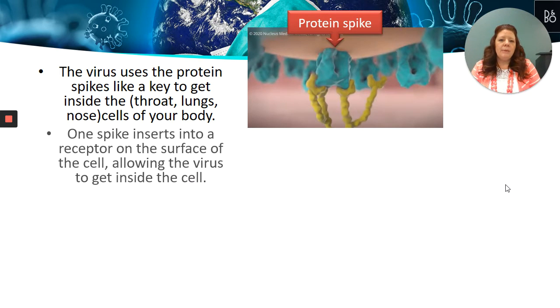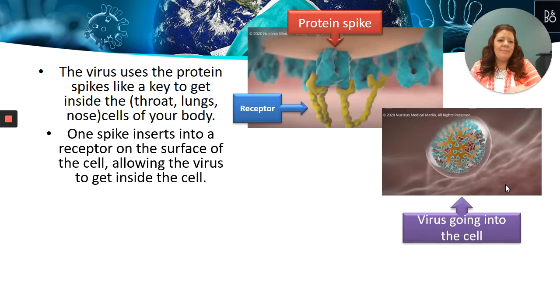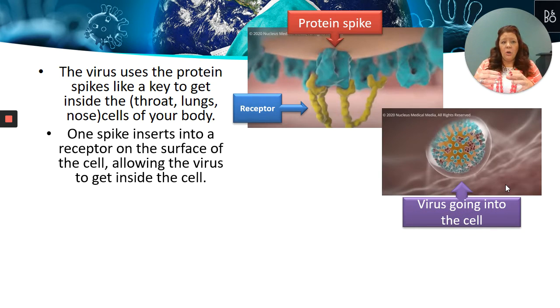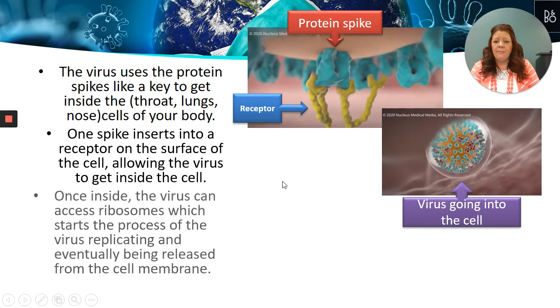So there's the protein spike, and there's the receptor that is on the surface of our own living cells in our body, and they sort of match like a key. One spike inserts into a receptor on the surface of the cell, and as it clicks in, it allows that virus to actually get inside the cell, and that's that picture you see here where the virus is actually going into the cell itself.